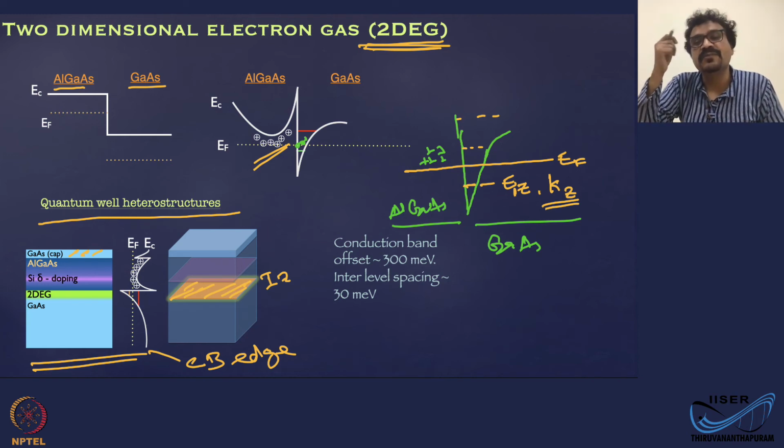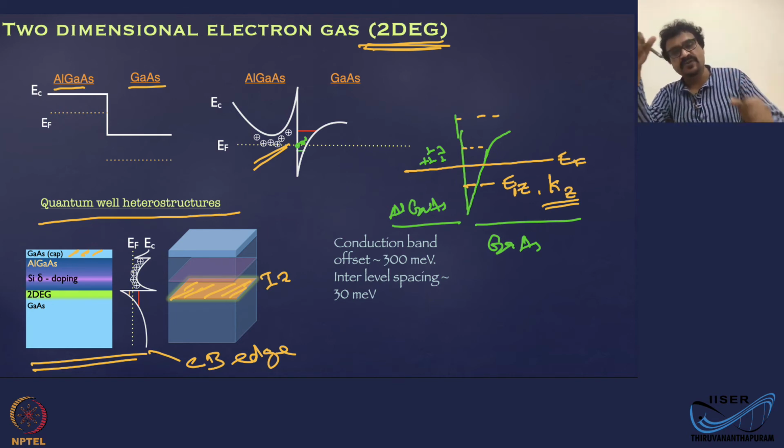Room temperature is 25 milli-electron volts. So you can have this quantum well formed even at really high temperature. Okay, so this is the simplistic picture of how the two-dimensional electron gas is formed.